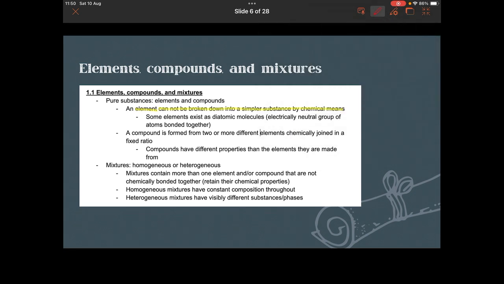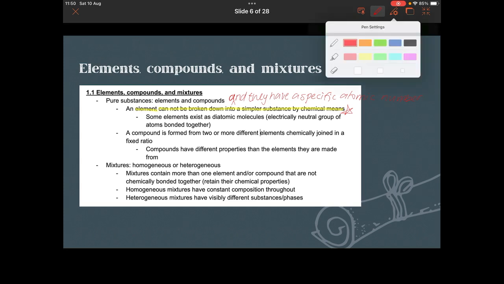So this is an IB definition, but I would also add that they have a specific atomic number, which is the number of protons. So the number of protons is sort of like the ID card of an element. Any atom of that element would have the same atomic number or proton number.